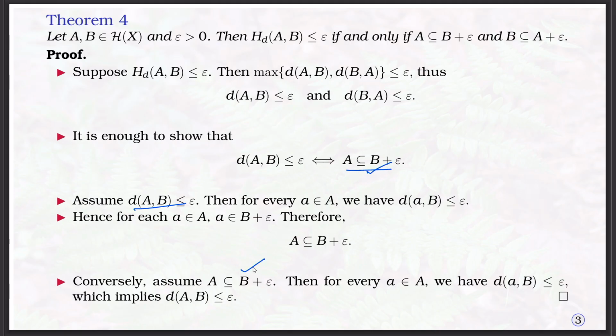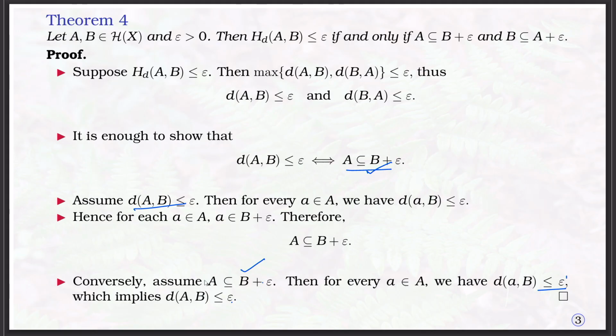Conversely, assume this one is true, then for every a belongs to A, we have the distance of a and B less than epsilon, because A is a subset of B plus epsilon.